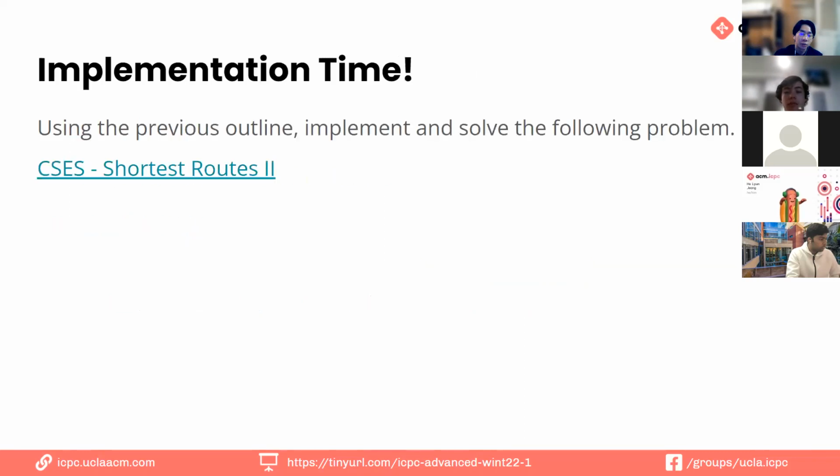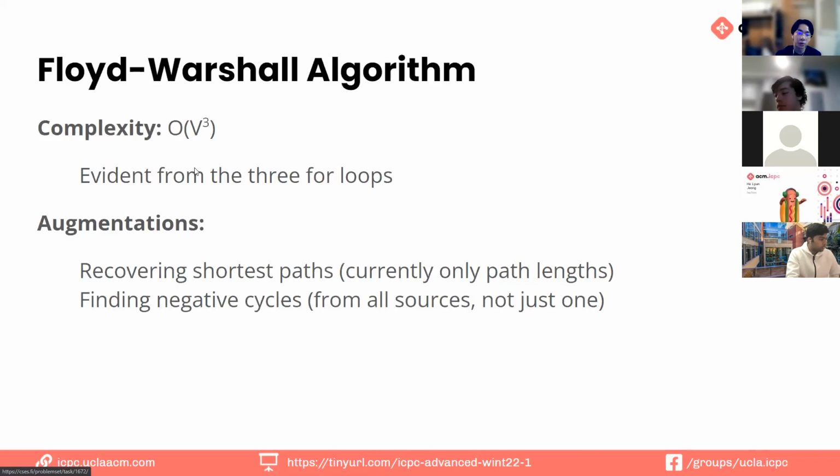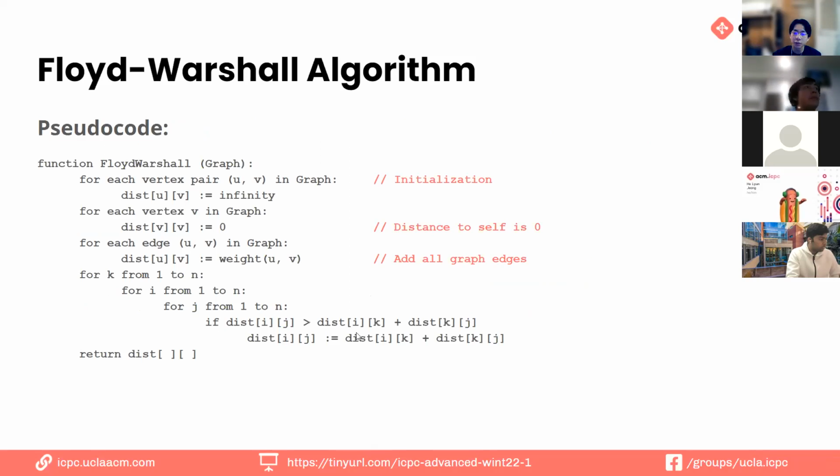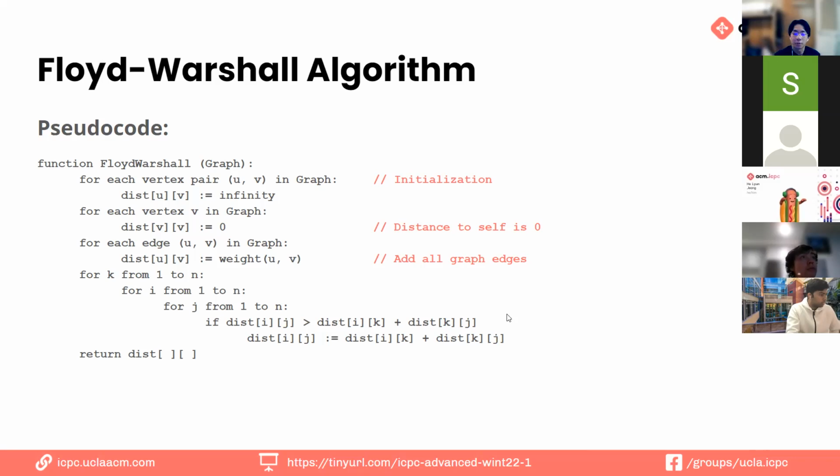And I will give you a little bit of time for doing that implementation. It should be pretty quick if you want to try. It's just 3 for loops, and just make sure you have the initialization correct, and you check the edge case where you're adding infinities. So when you're doing this check right here, this if statement, you might want to add in something about, if the distance from I to K or from K to J is infinity, maybe skip it for now, and you can come back to it.